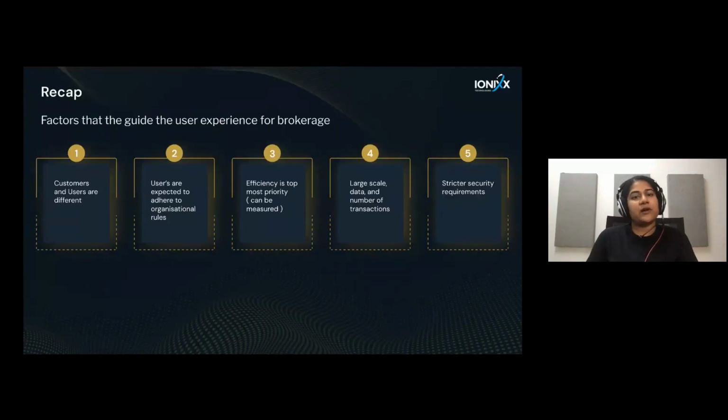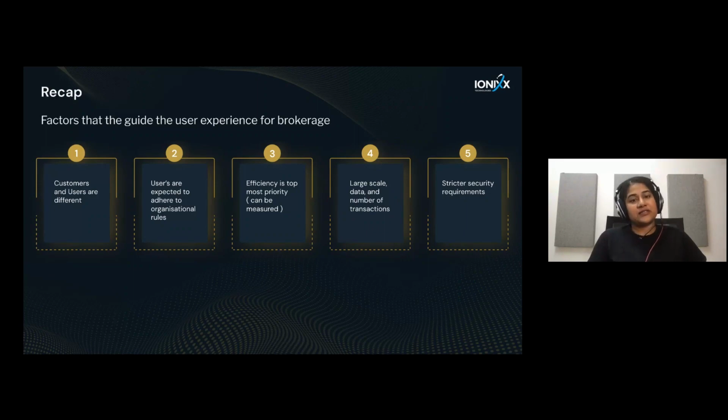In the previous webinar, we dove into these aspects to keep in mind while we are designing for brokerage. I'll just do a little recap of it before we move to today's area of discussion. There are 5 points that we saw last time. We are designing for the users, not particularly the end customers, in the brokerage space. Users have to follow organizational rules, and design can enable that adherence.